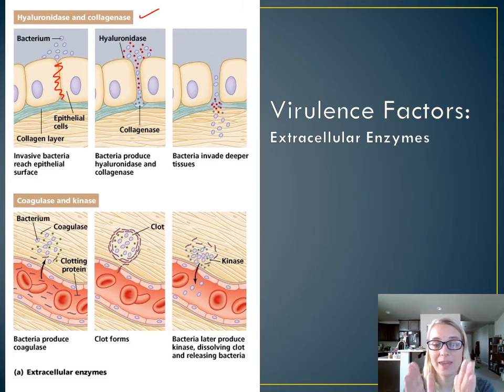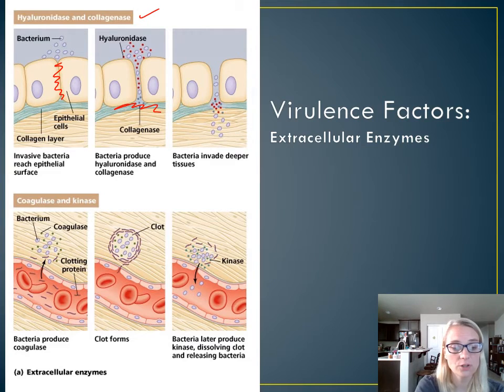And so now you have a gap that your pathogen can seep down into. And then if you remember, your basement membrane is made up of collagen and your connective tissues underneath are made up of collagen. So if you have collagenase, it's going to start destroying that basement membrane, which are our physical barriers. So for this surface organism that has hyaluronidase and collagenase, they basically dissolve their way into your deeper tissues, which can then start your infection.